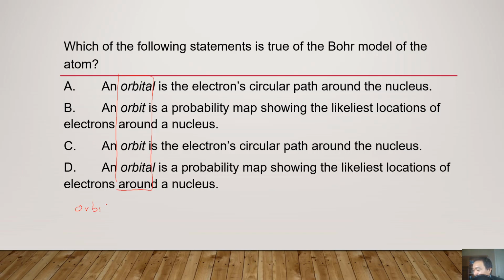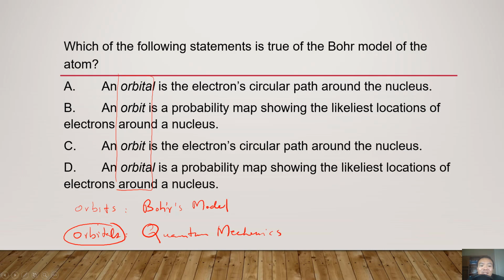Remember, orbits are what Bohr's model talks about. Orbitals are quantum mechanics, and orbitals are the probability map. Orbits are not. So let's look at each choice.